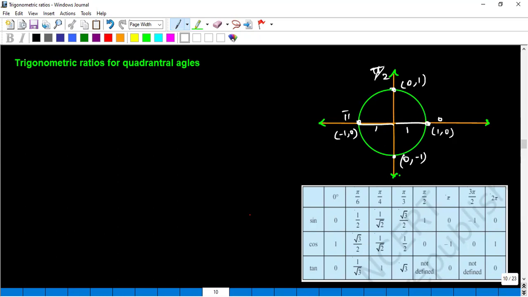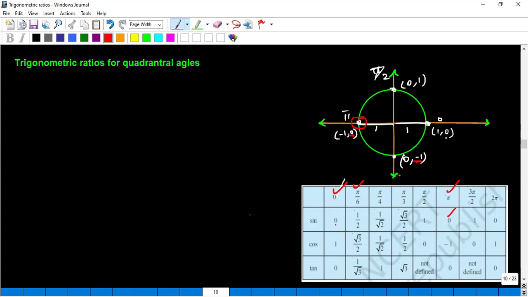Now we already know the basic angles. What is sine 0? What is cos 0? Those we learned in grade 10. Sine 0 is 0. Sine pi by 6, that is 30 degrees, is 1 by 2. Sine pi by 4, sine pi by 3, all this we learned. Just see here, sine pi represents this, 0. Sine 3 pi by 2 is minus 1.